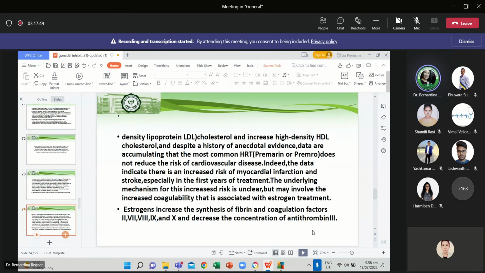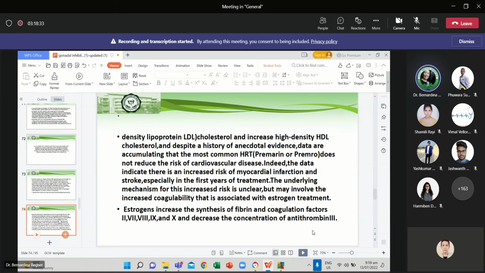With anecdotal evidence, it has been found out that Premarin does not reduce the risk of cardiovascular disease. So you have to be very careful with a patient that you are about to give an oral contraceptive or hormone replacement therapy, especially if the patient has cardiovascular problems, such as stable angina, unstable angina, or a history of myocardial infarction. So you have to be very careful in giving hormone replacement therapy to these patients.